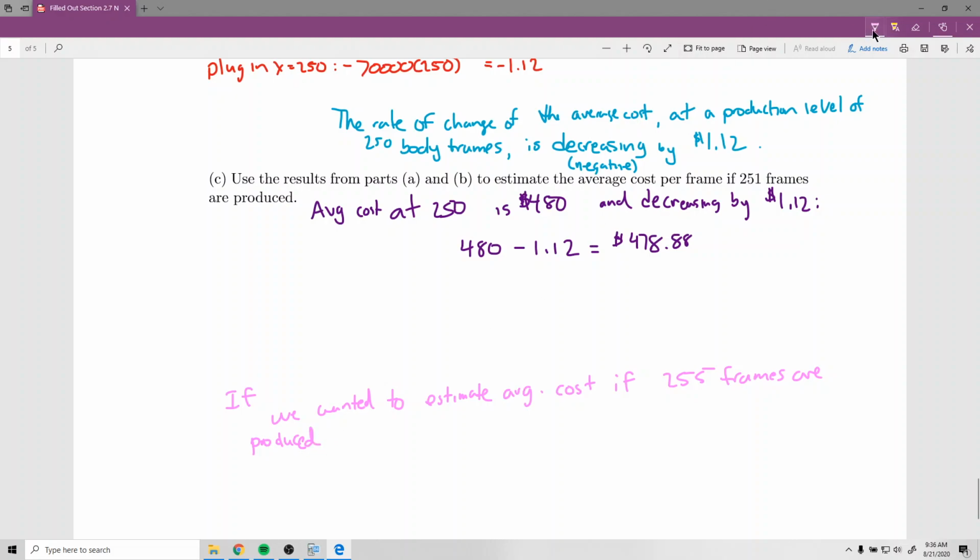Now, there's not much more to this, but all you do is take the average cost at 250. And since we're going to go up by 5 from 250 to 255, what we do is we take our 480 and we subtract off the 1.12. That's telling us how much it changes to produce one more, times 5.